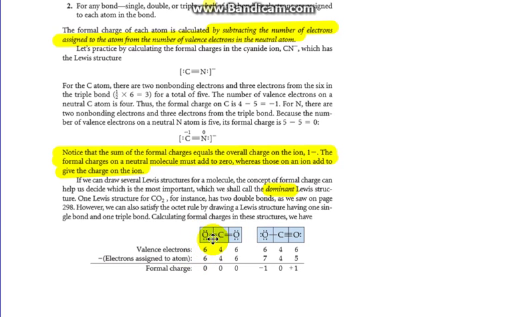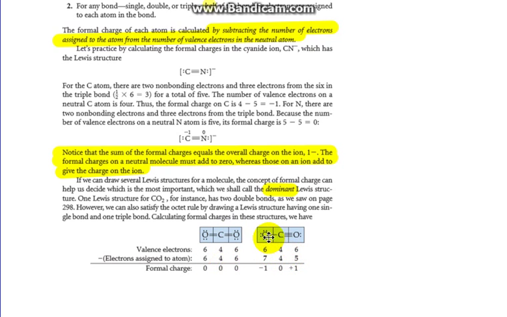And it's going to take 1 from each of the bonds, so 1 and 2, so a total of 6. Carbon has 1 from each bond, 1, 2, 3, 4. This oxygen has 4 that are not bonded, and 1 and 2 more from the bonds, a total of 6. So the formal charge equals 0 in this case.